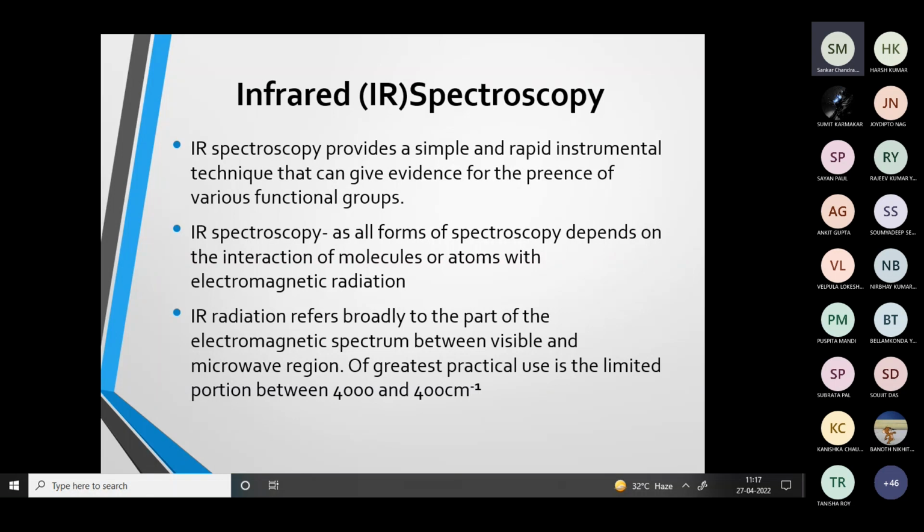So in infrared spectroscopy, on the x-axis the wave number is plotted, and on the y-axis the amount of energy absorbed or transmission. That gives a specific spectrum, meaning peaks, and those peaks are very specific for a particular type of bond.